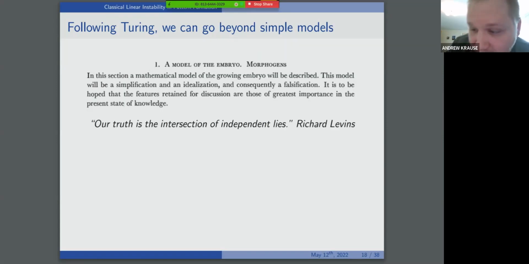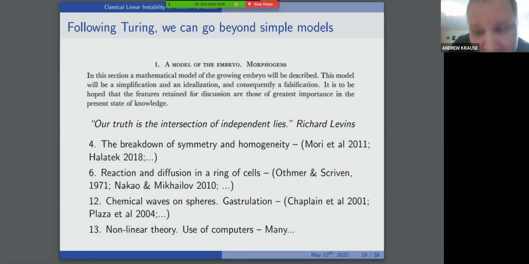And I want to quote again from Richard Levins's paper where he says that any truth from modeling comes from the intersection of independent lies. And I think that this is a difficult thing for us to grapple with, how limited our mathematical models are. But that said, there's been a tremendous amount of work.